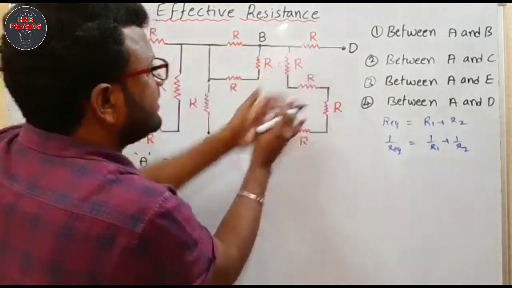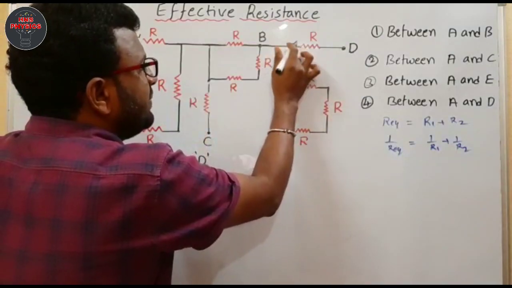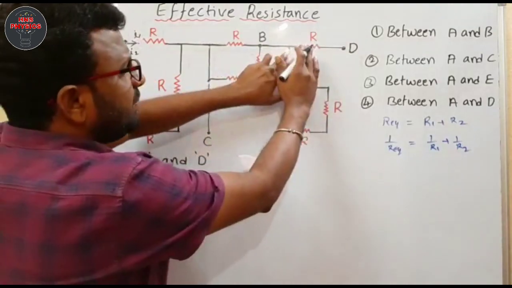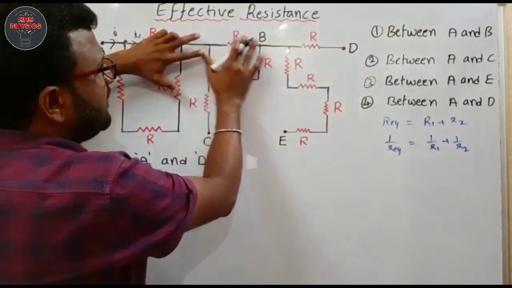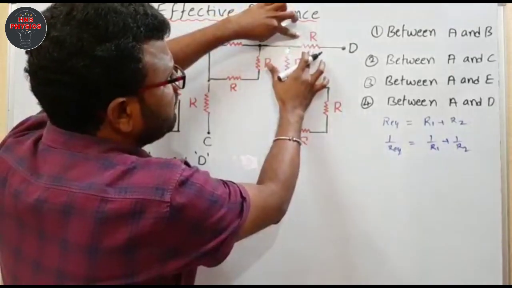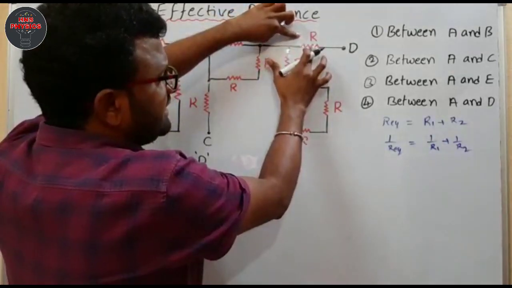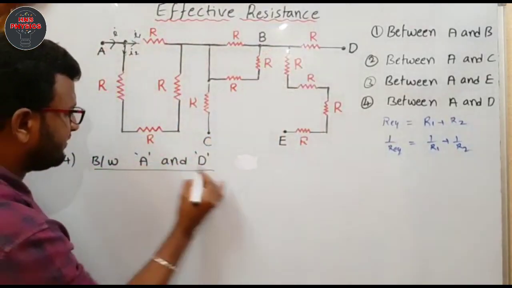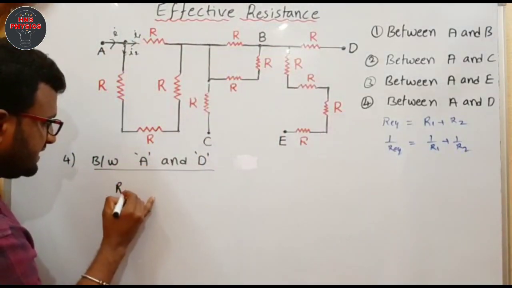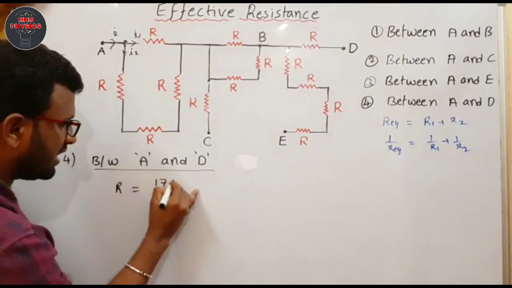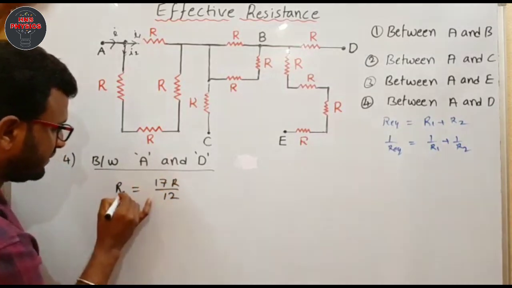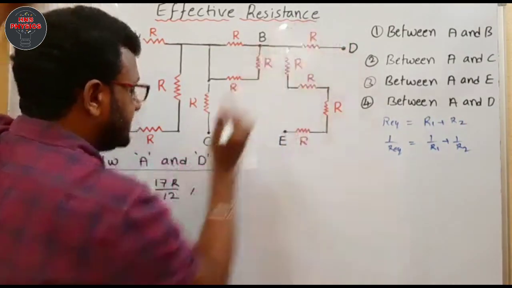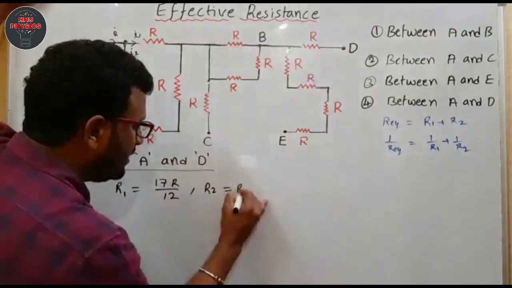Here the circuit will be open. Open means there is no current flow through these four resistors. Between A and B we know the effective resistance is 17R by 12. That means I am taking R1 as that. Next, R2 means only this resistor, that is R2 equals R.